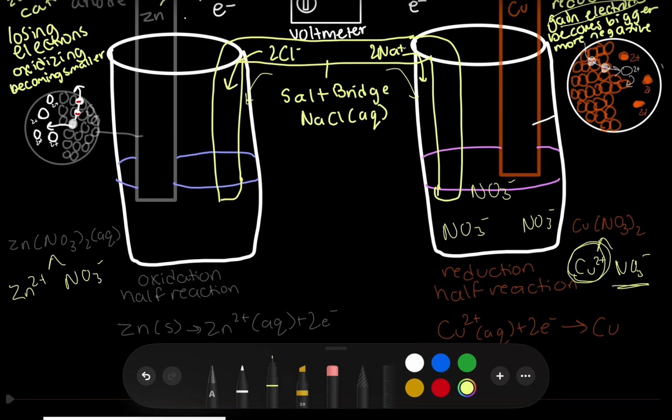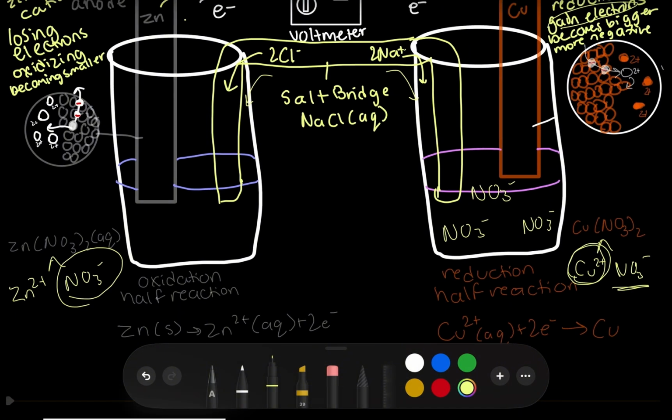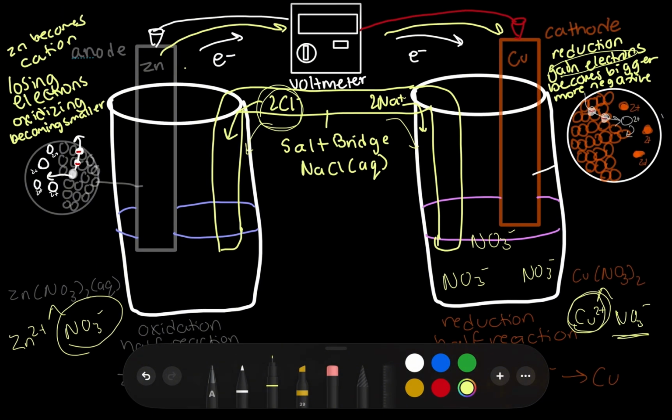Now, because zinc is the anode and it's losing electrons, this solution is becoming too positive. Therefore, the anions here in the salt bridge are going to come in and they're going to move towards the anode in order to keep the system balanced. And this balance is what's allowing the system and the reaction to continue.